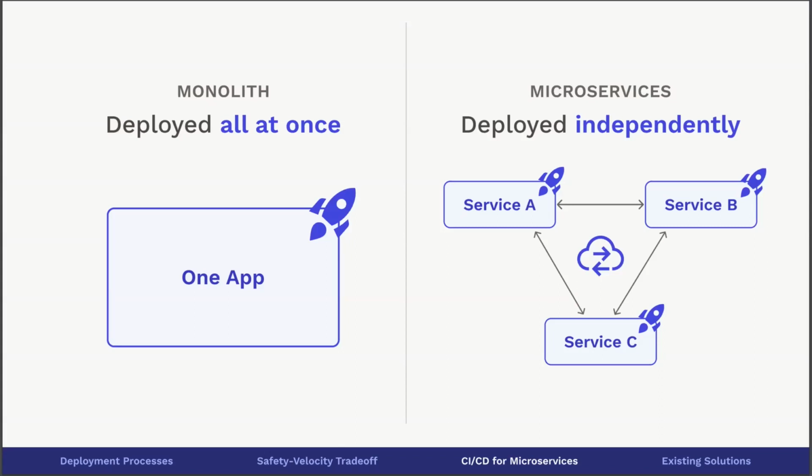This also means that each microservice can be deployed on its own schedule. This independence of deployments is actually one of the prized characteristics of microservices. However, as Ryan will show in a second, this exact feature of microservices actually introduces a new challenge when it comes to managing their CI/CD pipelines.